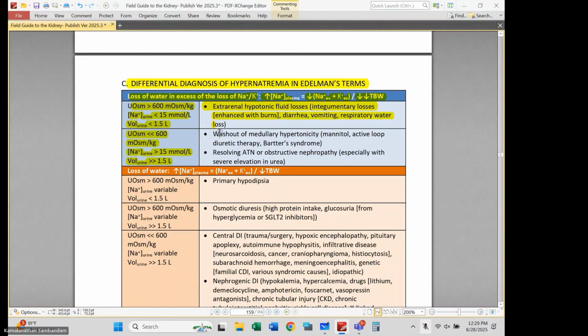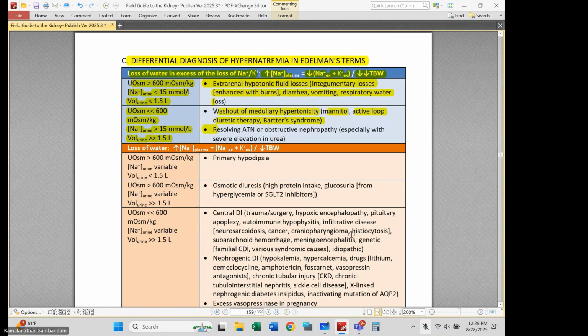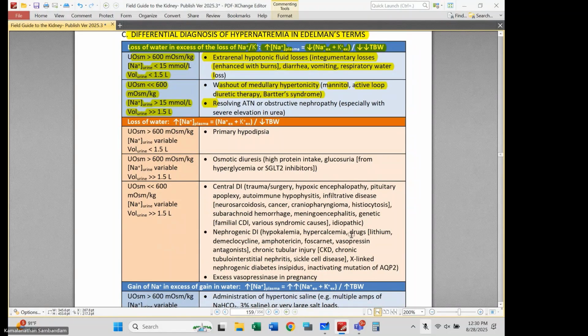Examples of that would be patients who have washout of medullary hypertonicity. Mannitol, we said, can do that. Loop diuretic therapy does that. Bartter syndromes, which is nature's experiment approximating active loop diuretic therapy. Those would all be patients who you can envision not having this so-called maximally concentrated urine, or semi-maximally concentrated urine.